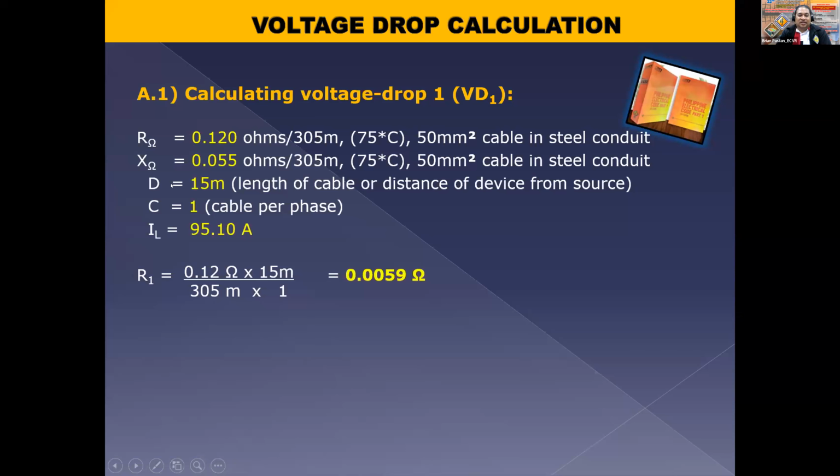But the actual length natin is 15 meters and one cable per phase, and then our line current or load current is 95 amperes. Now, first thing we do is convert the resistance at the actual length. So magkano siya? So at 15 meters, hindi na siya 0.12 but 0.0059. Maliit na kasi maiksi lang. Itong 0.12 sa 305 meters ito, no?